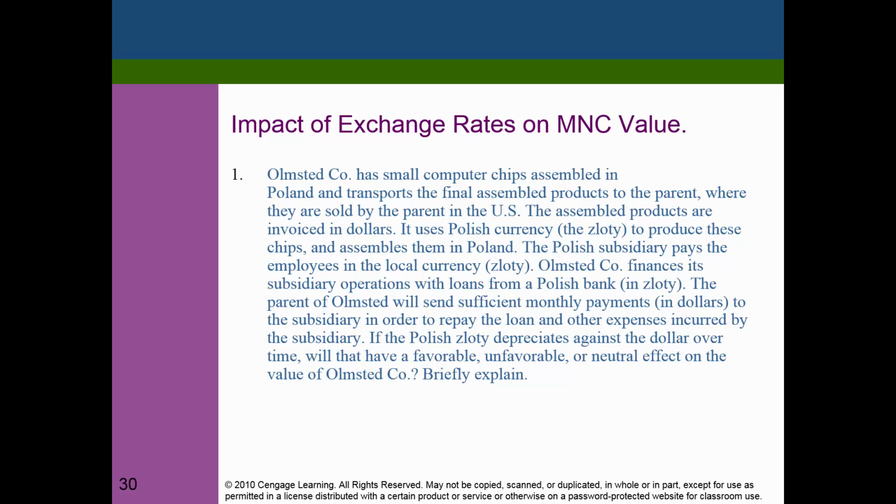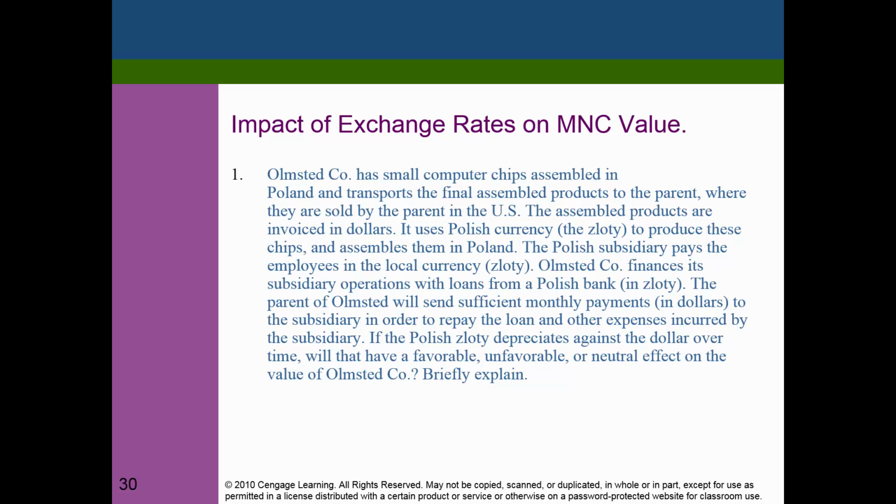So if you look at this example, we can basically separate the two parts as far as Olmsted is concerned, and that is the revenues and the cost. Now if you look at the revenues, basically the revenues come in US dollars because they sell their product in the US and it's invoiced in dollars.